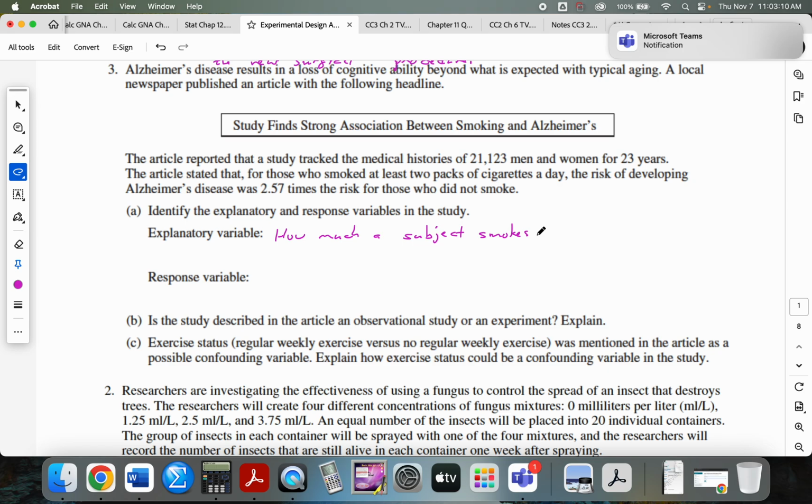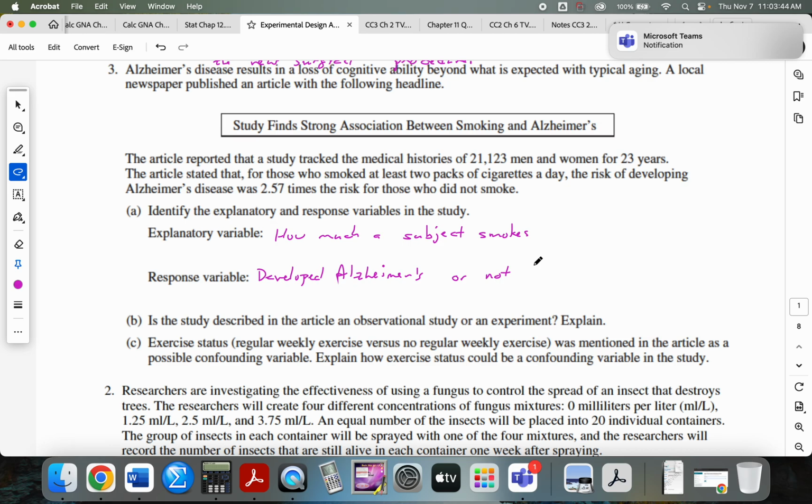What's the response variable? Risk of developing Alzheimer's? Yeah, or not. So developed Alzheimer's or not. So on that one, you have to do both, whether they did or not. For the response, do you always have to say whether they did or didn't, not just if they did? Yeah, I would do both. Okay.